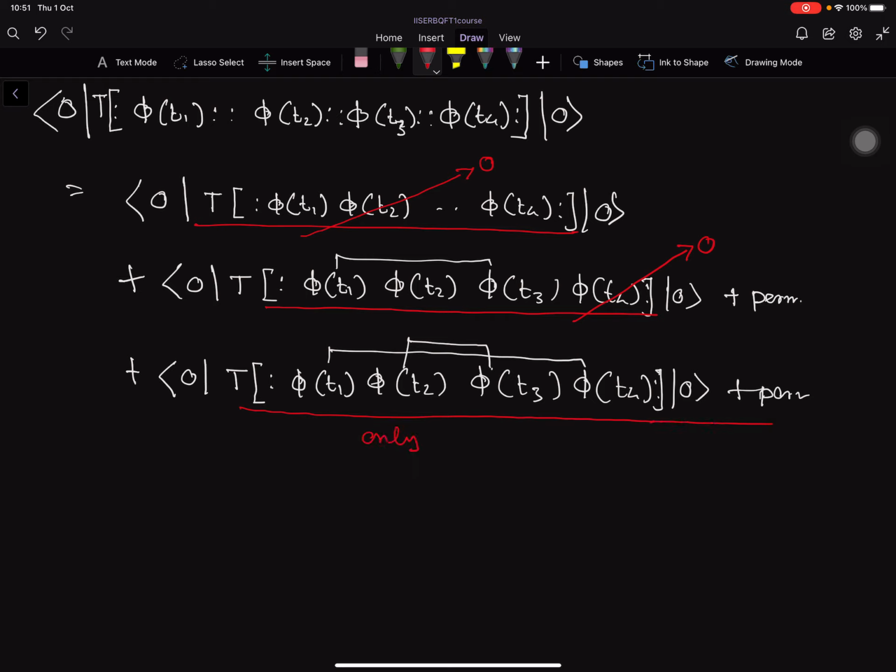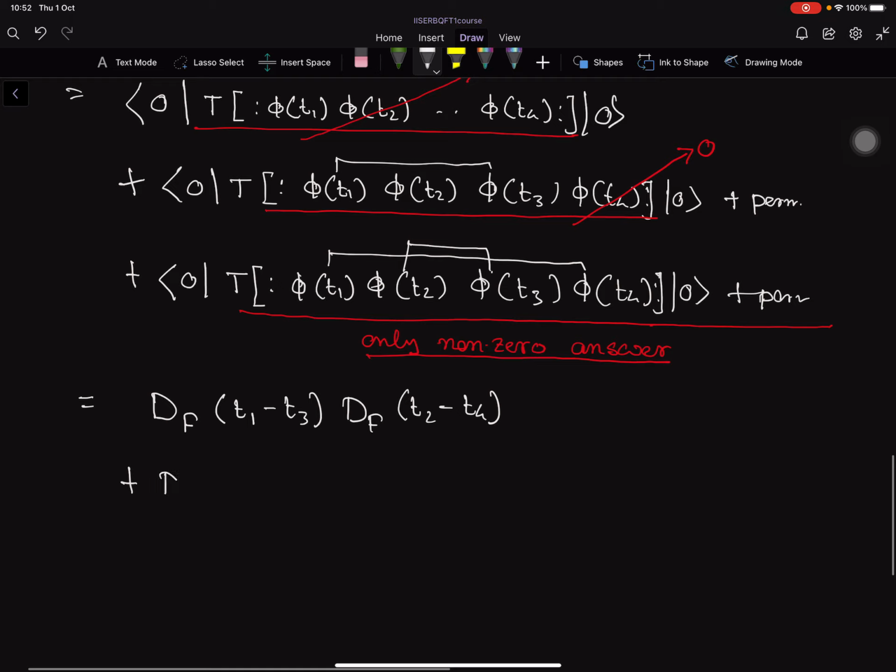I mean all 2 contractions. Which means that in this case the answer will be simply: if I contract 1 and 3, this will be d1 minus 3, d2 minus d4, plus d_F.